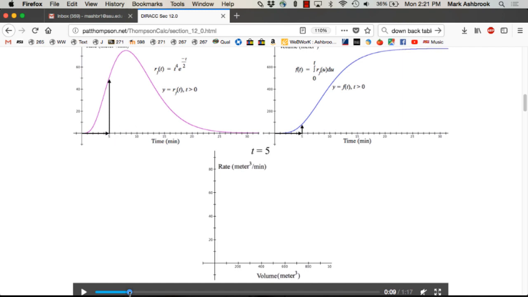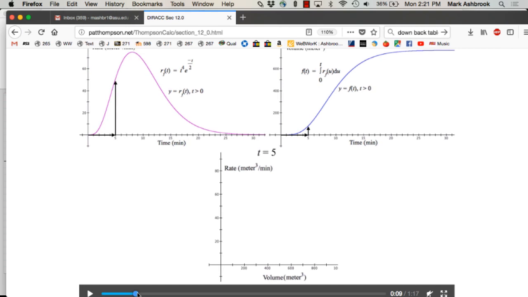I'm going to take that volume, that y-coordinate, and make it our x-coordinate down below. And the y-coordinate of the rate, I'm going to keep as the y-coordinate because rate is still on the y-axis. And that gives us that correspondence point of volume and rate after 5 minutes.